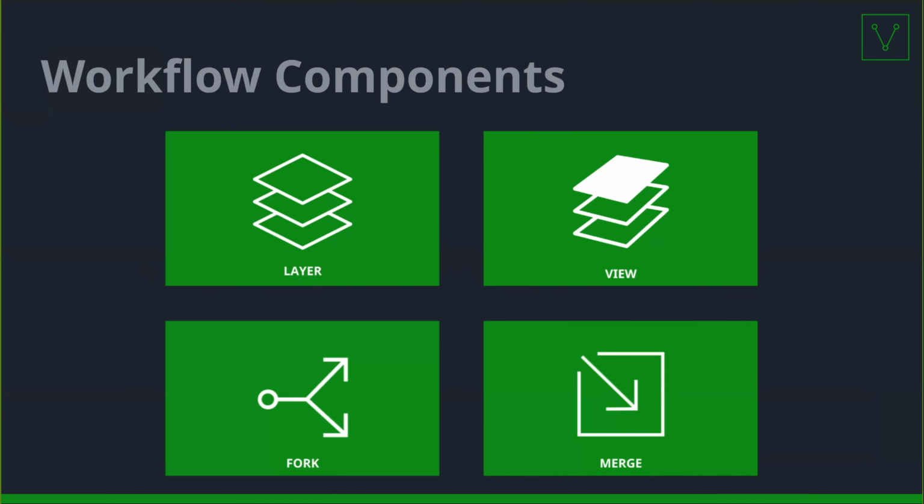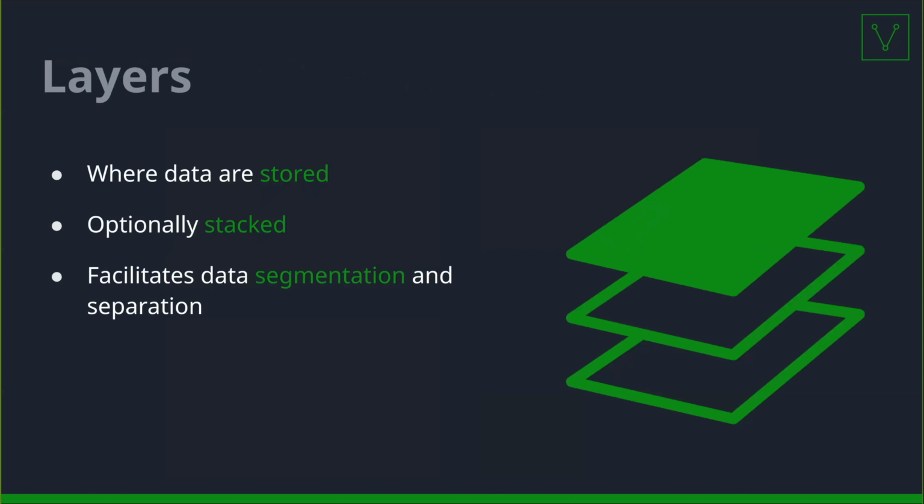In Synapse, the fork and merge workflow is primarily enabled by four main components and operations. To help you understand what that looks like, I'm going to address each of these components individually. So first, the first thing we have within this workflow are layers. Layers are simply where data lives. It's where the data are written and where they're deleted from.